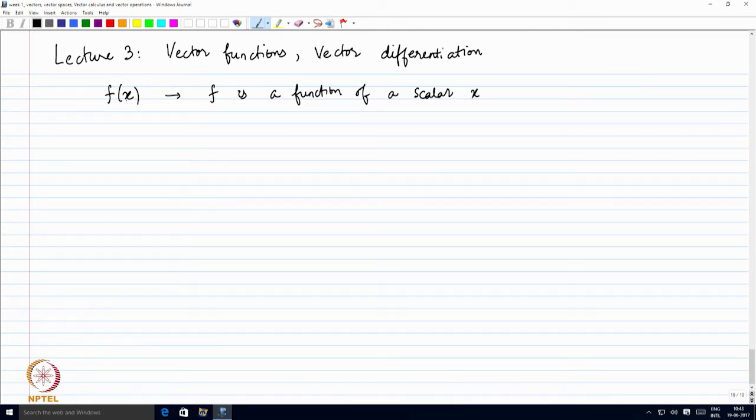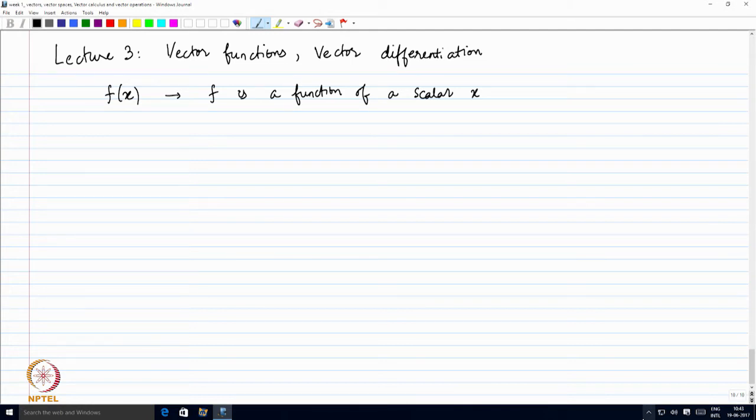Scalar means x can be any real number. So, what we mean is x is a real number and f of x is another real number. Okay. So, for any x there is an f of x which is a real number.